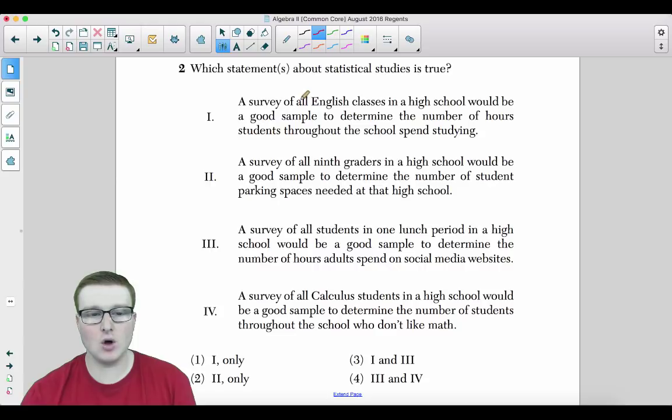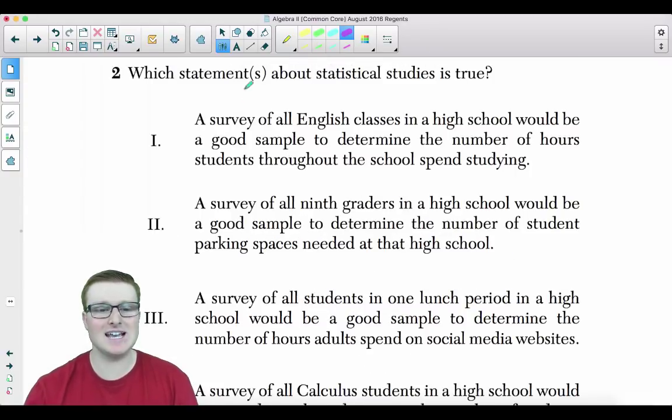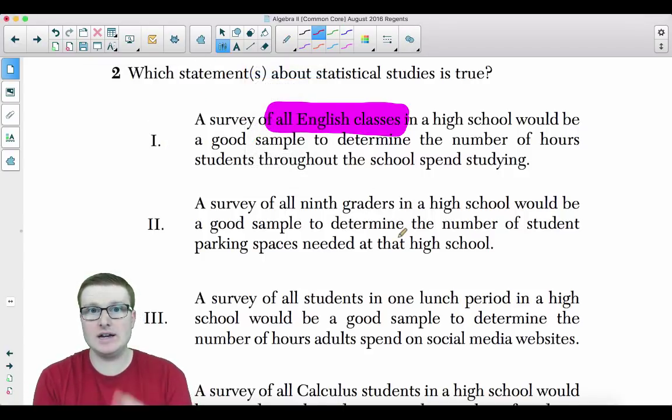A survey of all English classes in a high school would be a good sample to determine the number of hours students throughout the school spend studying. Would that be a good fit? The answer is yes, because it specifically says in the problem a survey of all English classes. All English classes. That means every single class in the high school. That means you're surveying 9th graders, 10th graders, 11th graders, 12th graders.